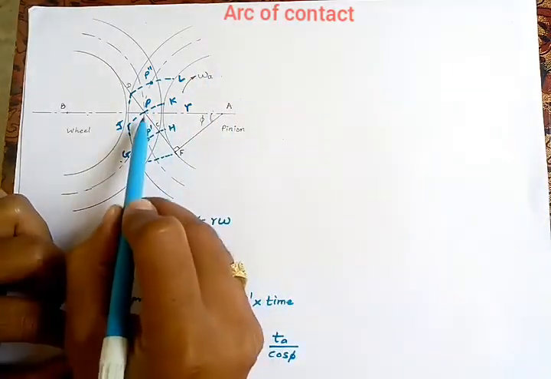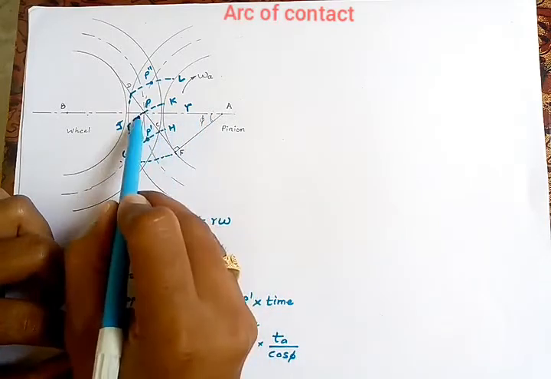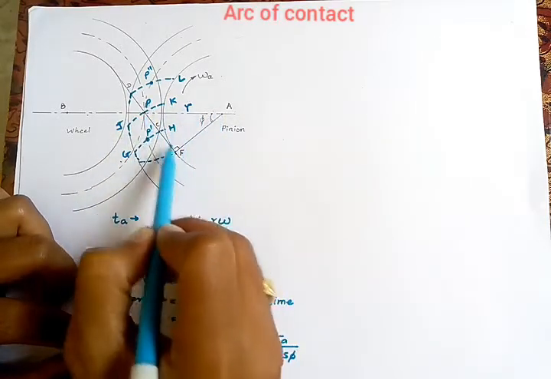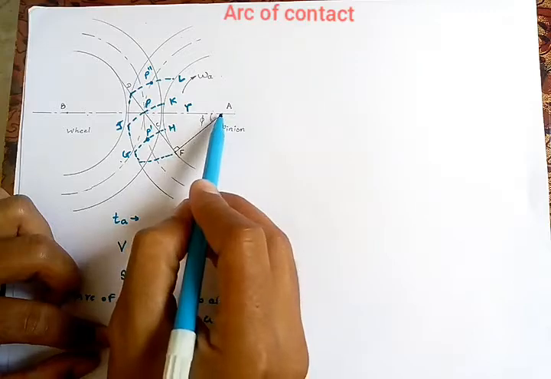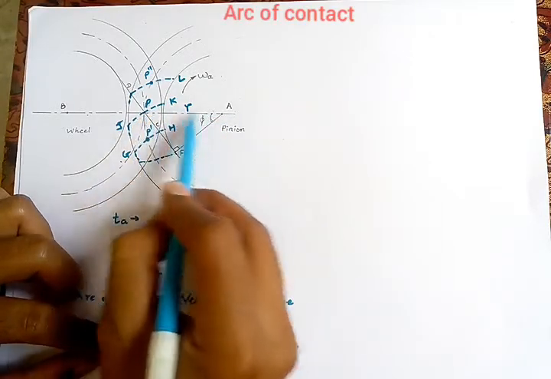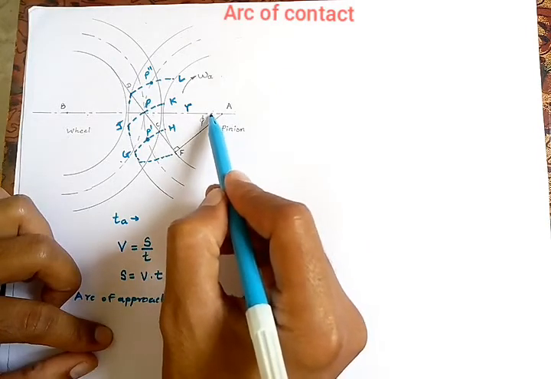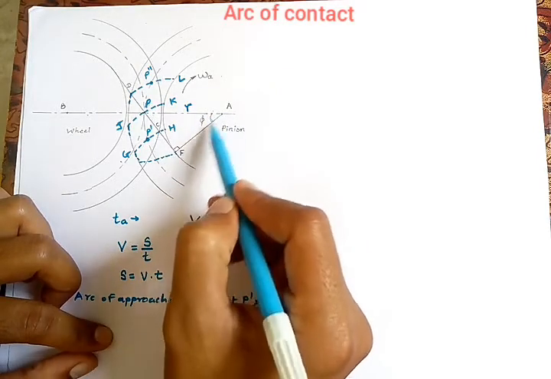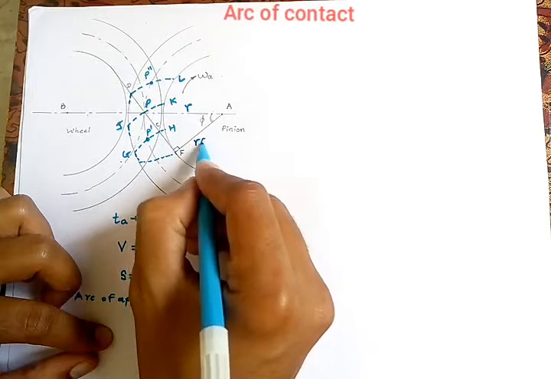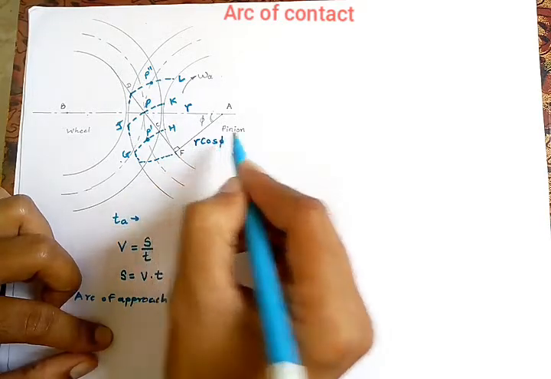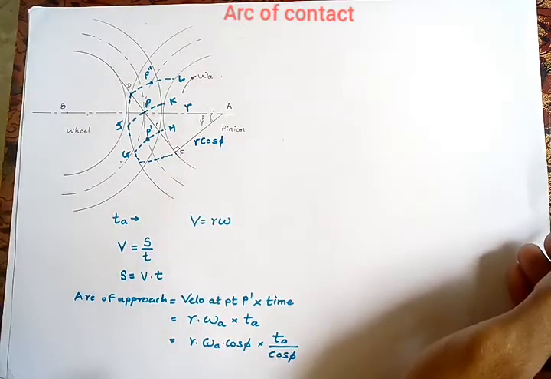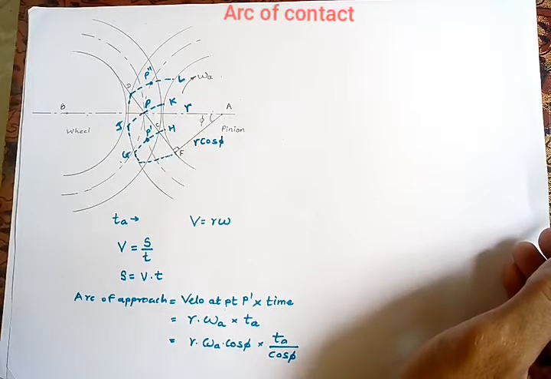If you see triangle APF, in triangle APF, the AP side is r, the angle at point A is phi. So obviously AF will be r cos phi. So the r cos phi distance will be AF.